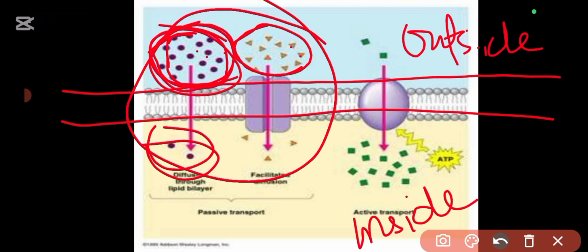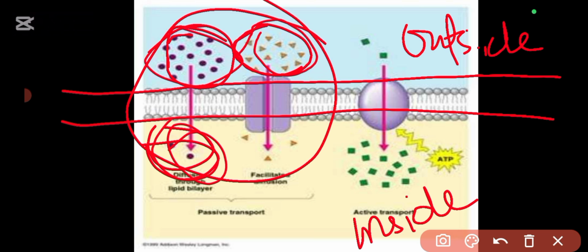Look at it by yourself. You will see that the concentration of these guys inside this cell is less, but outside the cell is more. So movement down the concentration gradient, that is from higher to lower concentration, is diffusion.